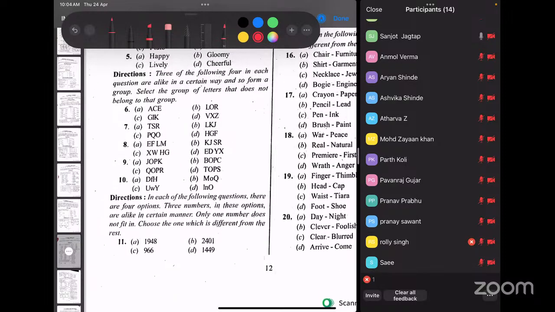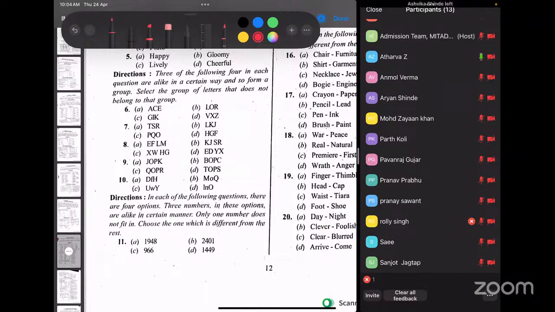Three of the following four in each question are alike in a certain way and so form a group. Select the group of letters that does not belong to that group. Option B, sir. A, C, E, G, I, K, V, X, Z, and L, O, R. How?